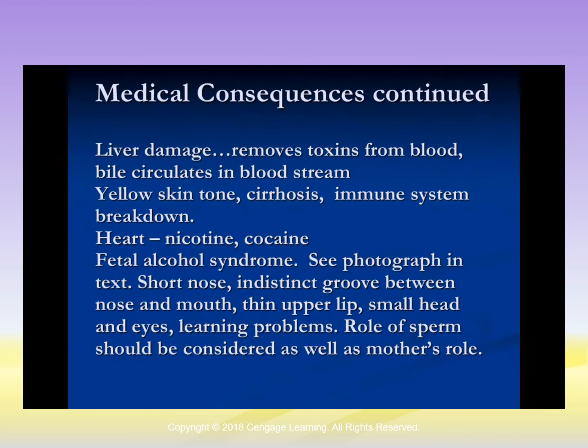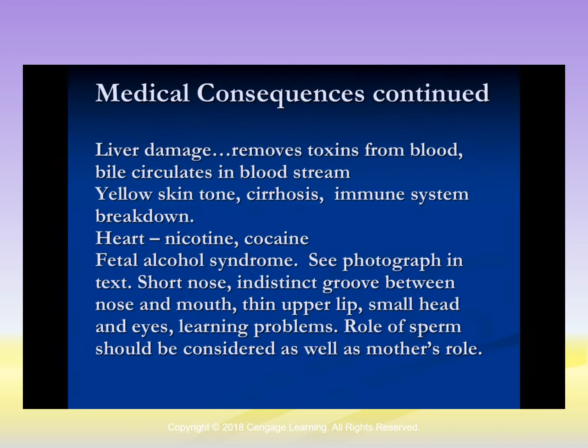Other medical consequences, we spoke a little bit earlier about this, liver damage, because the liver is the main filtration organ in the body. If it becomes overburdened with toxins and does not work properly, then it can actually have the opposite effect, and the body basically begins to become poisoned. And then we have bile in the bloodstream. Jaundice is very common, especially in late stage alcoholism.